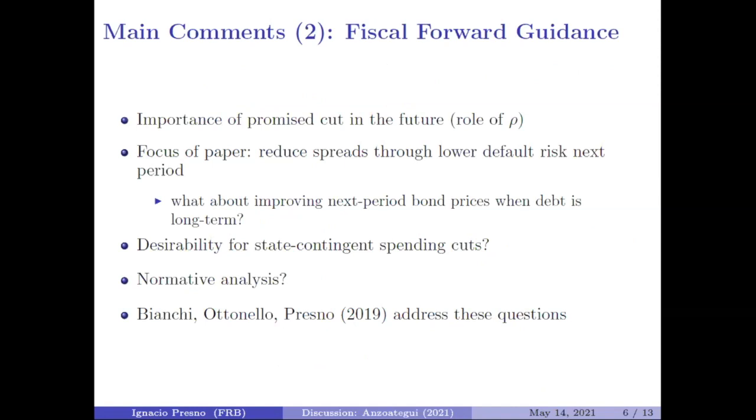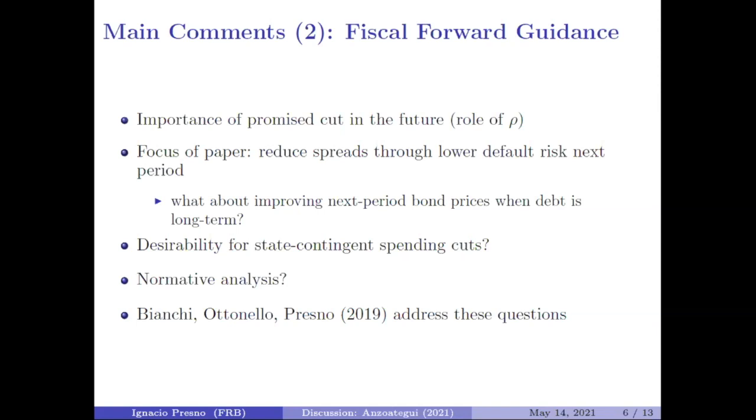But another important issue to check here is the effect on next period bond prices when debt is long-term, as is shown in this paper.